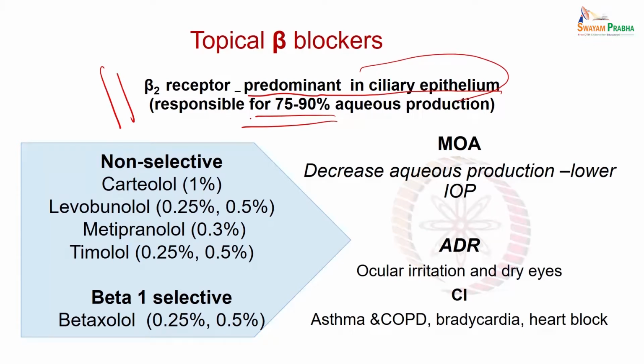So, if you block the beta receptors, primarily through a beta 2 adrenoceptor blocking agent, this will reduce the aqueous humor production.